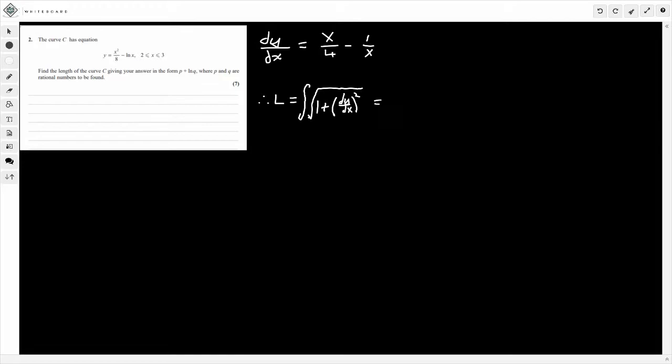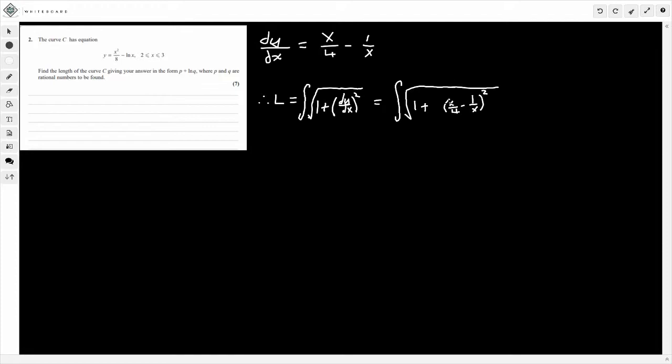So in our case, that's going to be the integral of the square root of 1 plus (x over 4 minus 1 over x) all squared.